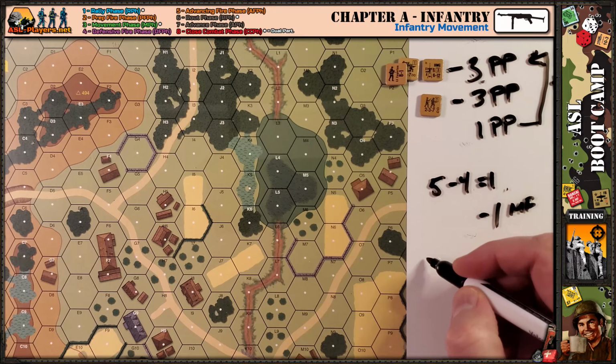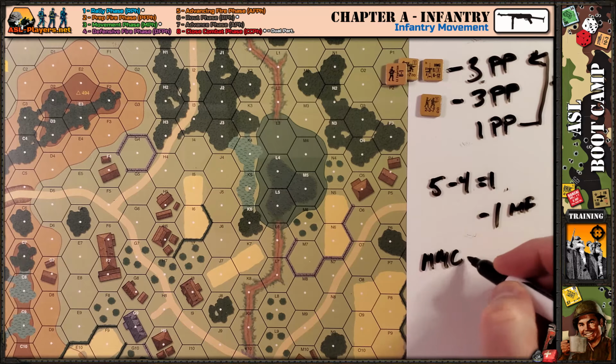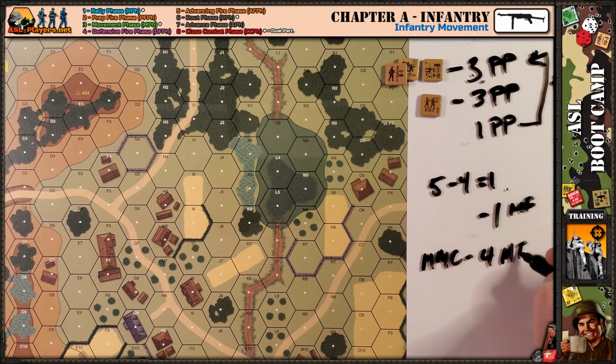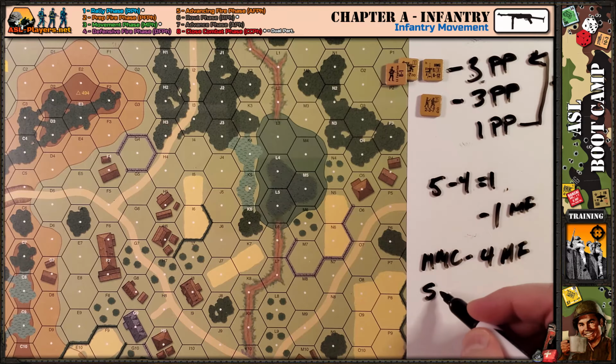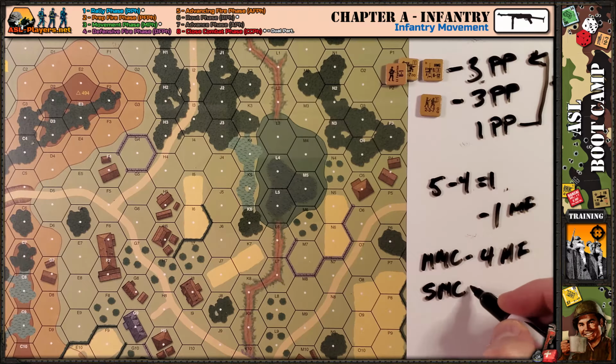So multi-man counters, excuse me if I'm jumping around a little bit, have 4 movement factors. Squads and half squads. Single man counters, specifically leaders, the most common, have 6 movement factors.